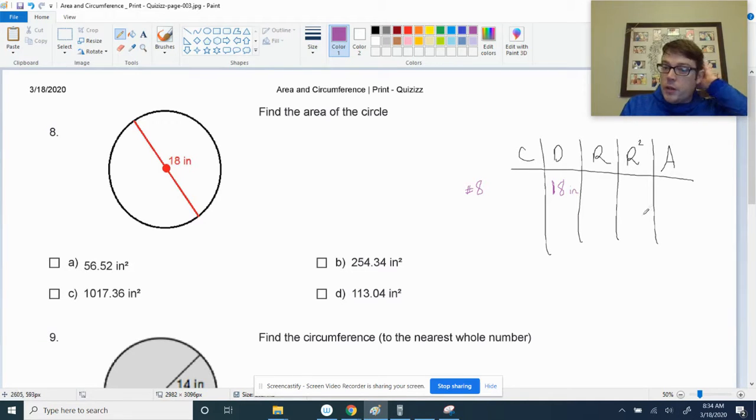Okay, so the first thing that we have to do is we've got to find out what the radius is, because there's not a relationship clearly between diameter and area. We got to get to radius first. So the first thing that we have to do is we have to cut it in two to find out that the radius is 9.